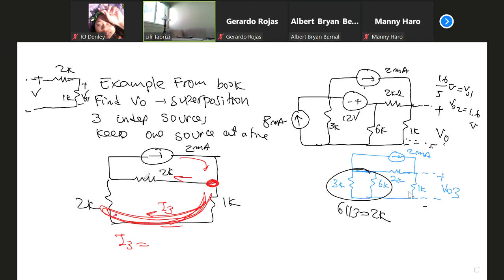So what is I3? I3 is equal to 2 kilo divided by 2 plus 1 plus 2 kilo, where 2 plus 1 plus this combination is 3 kilo, multiplied by 2 milliamp.